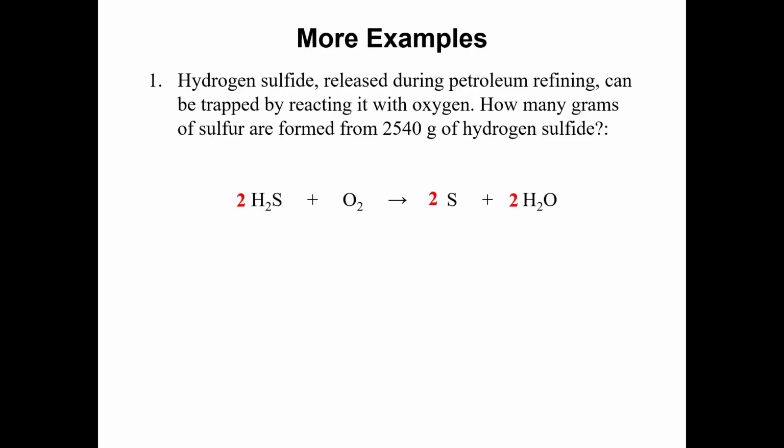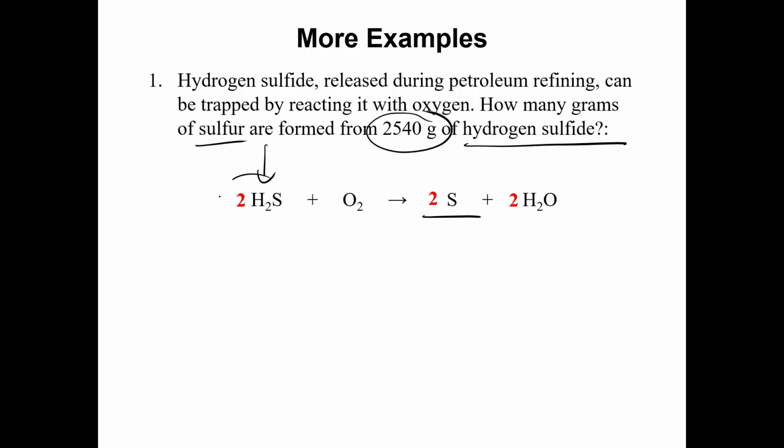Now the question here is: hydrogen sulfide released during petroleum refinement can be trapped by reacting with oxygen. How many grams of sulfur are formed from 2,540 grams of hydrogen sulfide? So we have hydrogen sulfide, and I want to know how many grams of sulfur are formed.